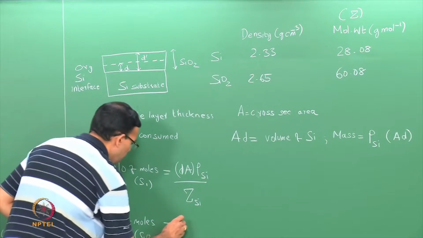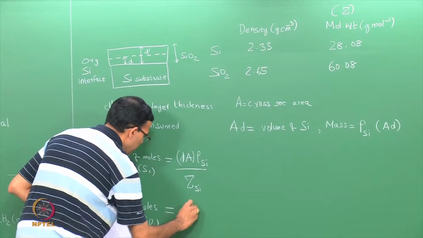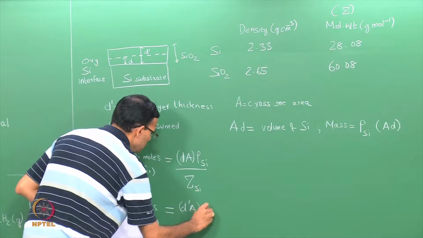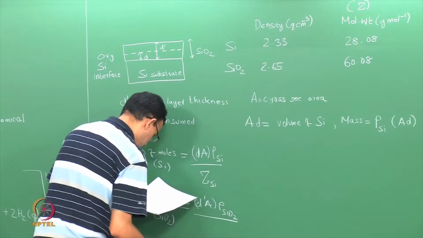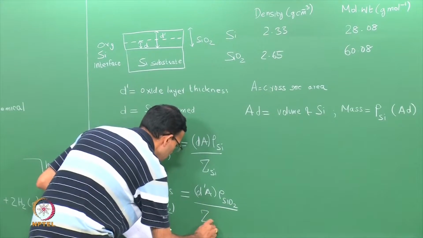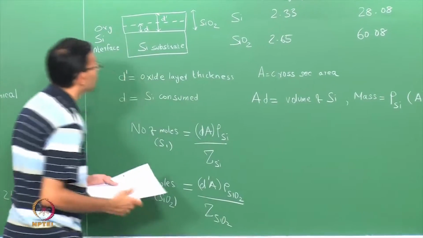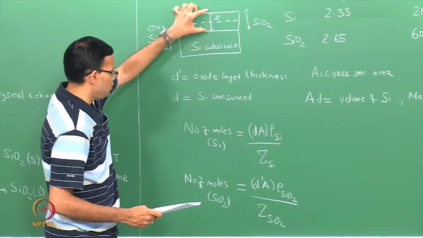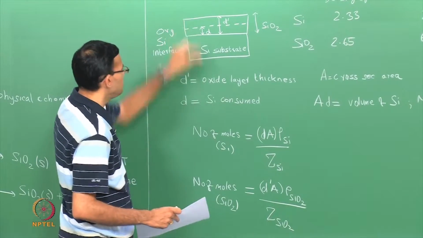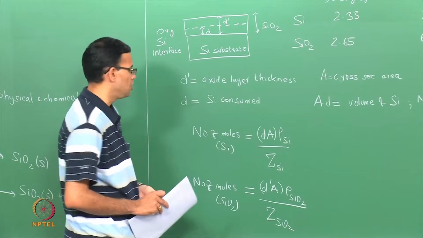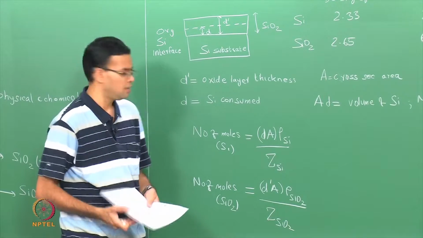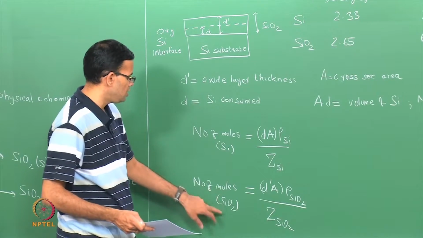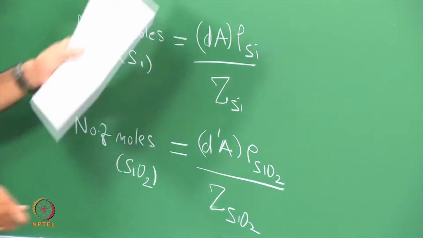The thickness of the SiO2 layer is d prime. So, d prime is the thickness of SiO2 and d is the thickness of the silicon that is consumed. These number of moles are essentially equal because 1 mole of silicon gives you 1 mole of SiO2.